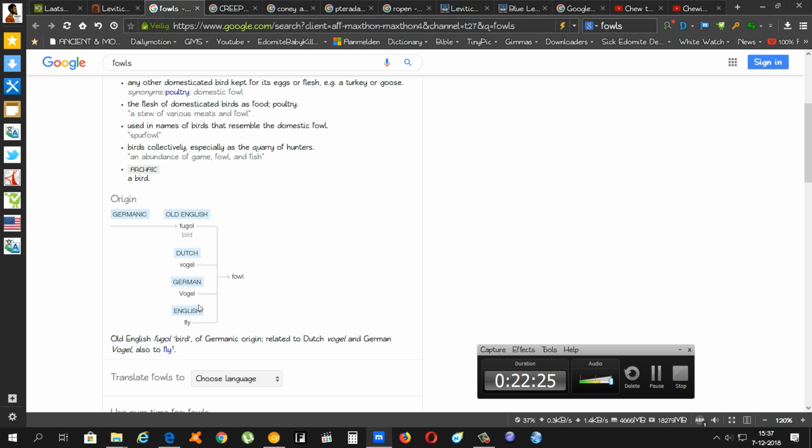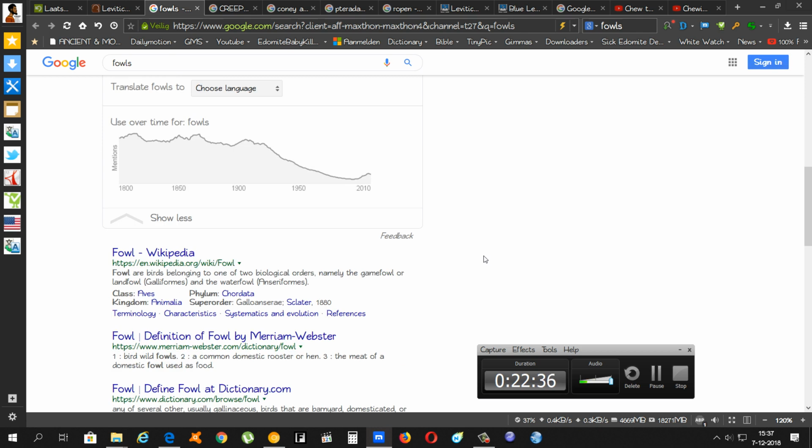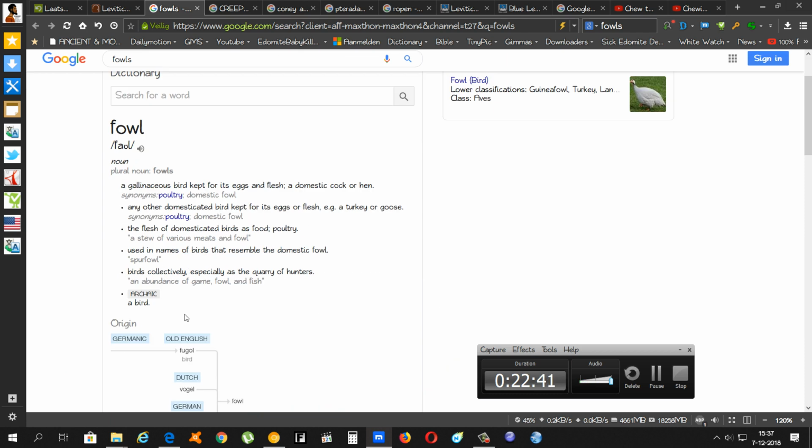Basically, it actually means fly, related to Dutch vogel and German vogel. Also to fly. That's what fowl actually means. Well, goes back to a bird. Birds collectively, especially as the quarry of hunters.